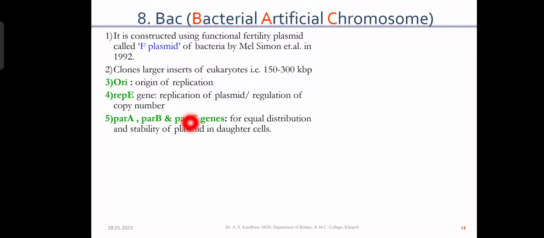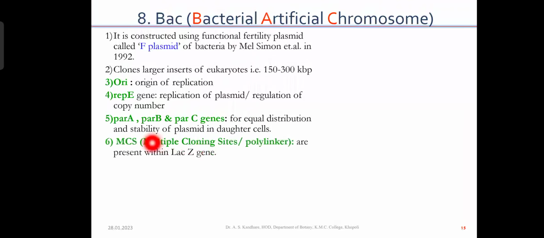So parA, parB, parC genes. ओके, so partition A, partition B और partition C जीन जो होते हैं ना, it is for equal distribution and stability of plasmid in daughter cell. तो जब ये बैक्टीरियल आर्टिफिशियल क्रोमोसोम जब इसका डिवीजन होगा तो उसका डिस्ट्रीब्यूशन डॉटर सेल में इक्वल तरीके से होना है. तो उसके लिए ये जीन काम करते हैं, isn't it? parA, parB and parC genes.